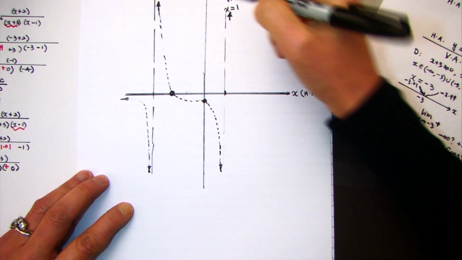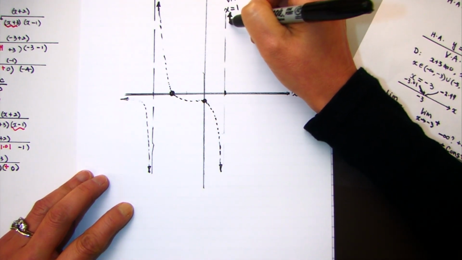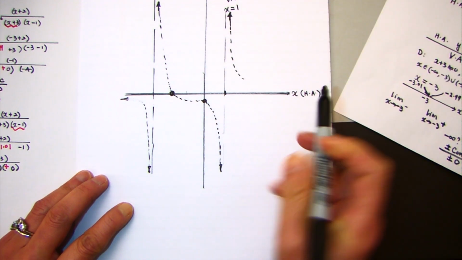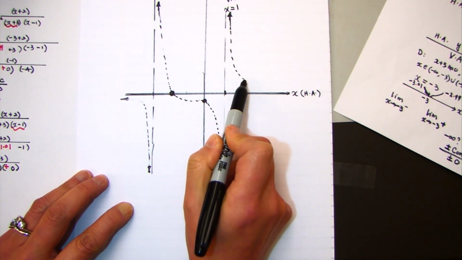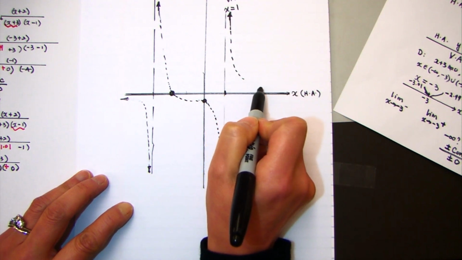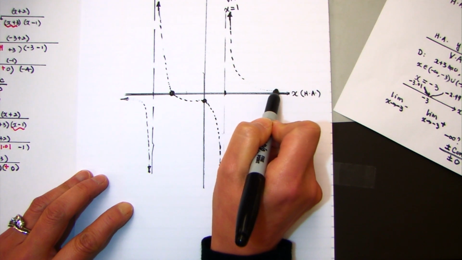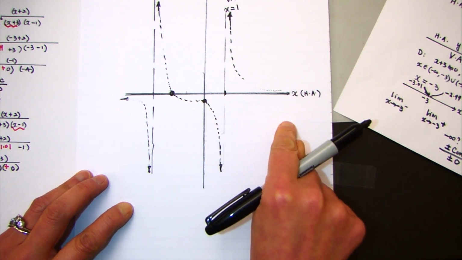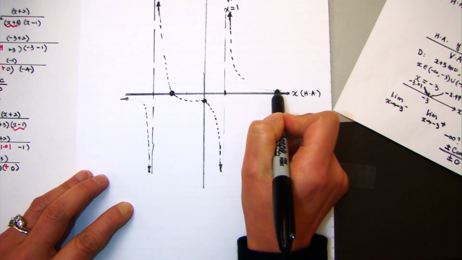Last one. Vertical asymptote, you get really close to it. And I need to get close to the horizontal asymptote, but remember the asymptote's definition, you never cross it, you never touch it, you just get really close. That's why this end doesn't drop below the x-axis, because you can't touch it.